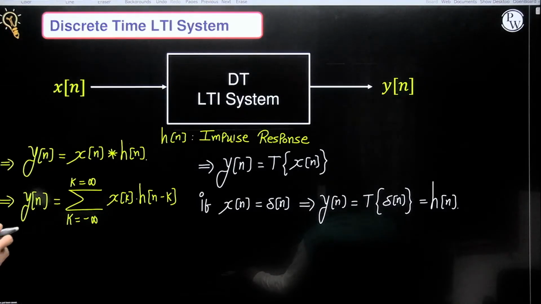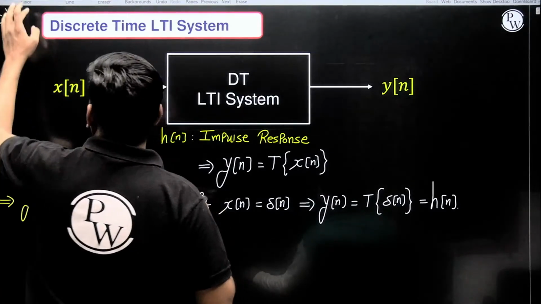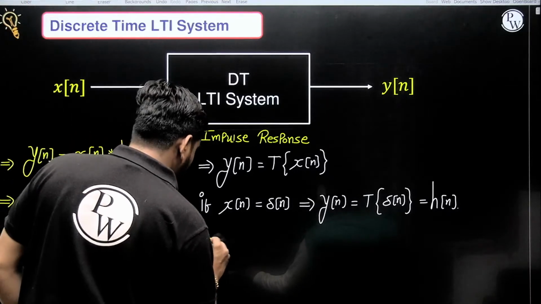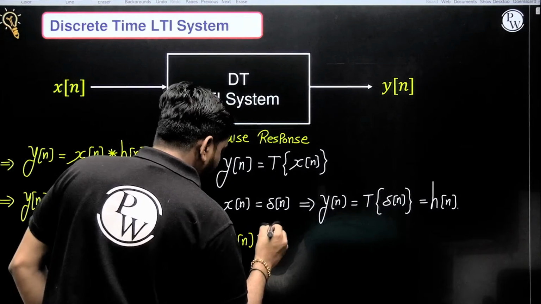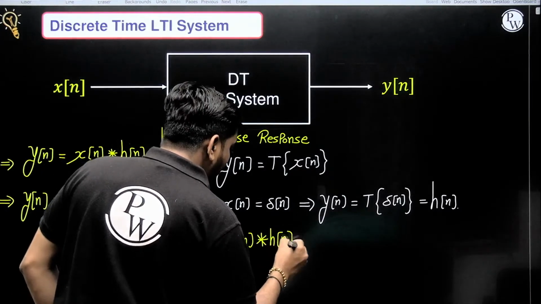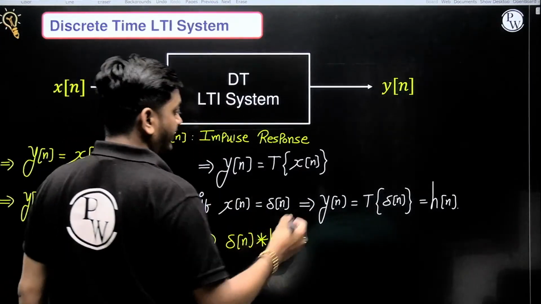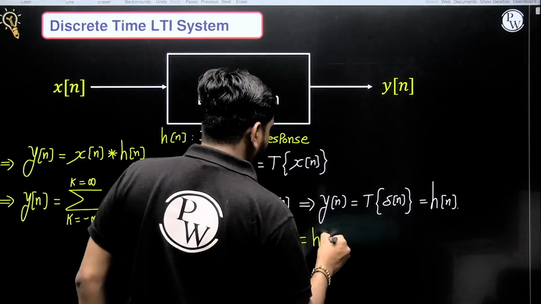So what we can write here, guys: delta n convolution with h of n equals y of n, and y of n is nothing but h of n.